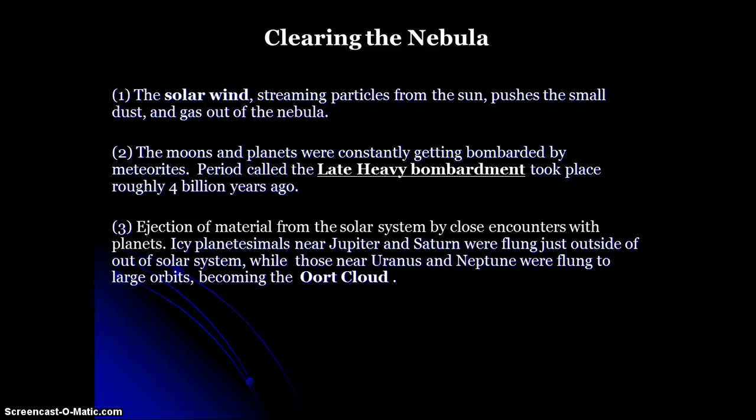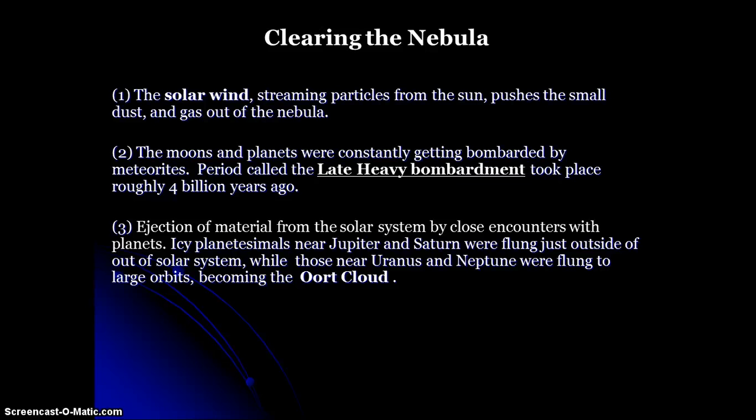There's some other things. There's a period, and we'll talk some more about this when we discuss the moon, which is coming up shortly. The last phase where the planets were forming was called the late heavy bombardment. That time is when it's 500-600 million years after the original formation of the planets as they really started taking shape, and there were still a lot of meteors, still a lot of asteroids swirling around the solar system, and they wound up colliding, and you can still see evidence of that.